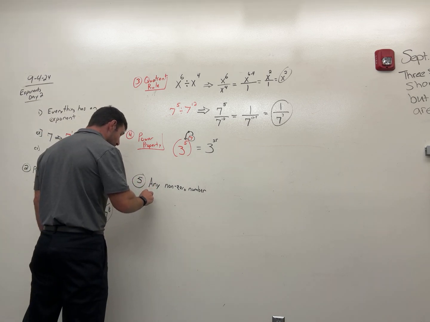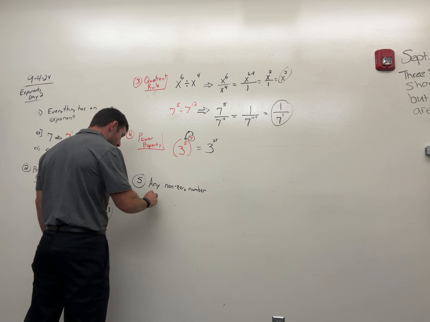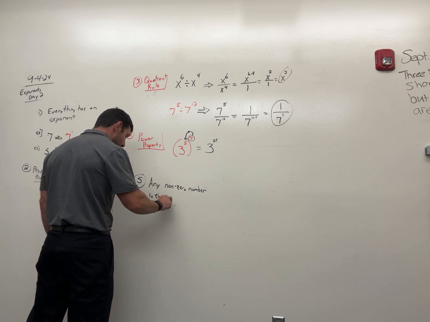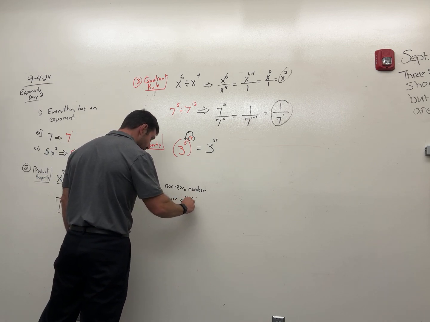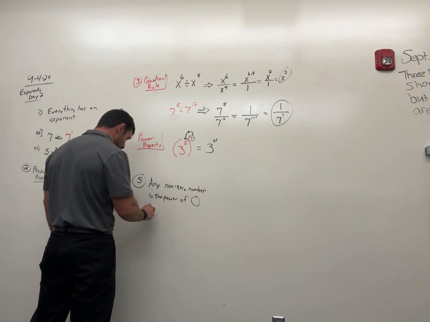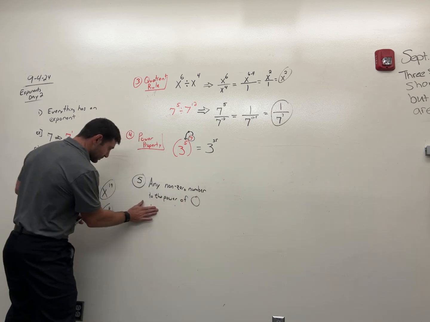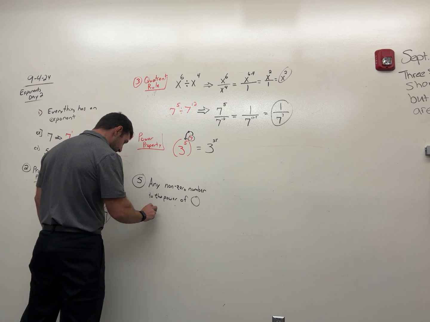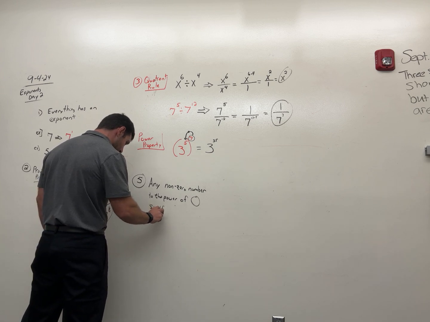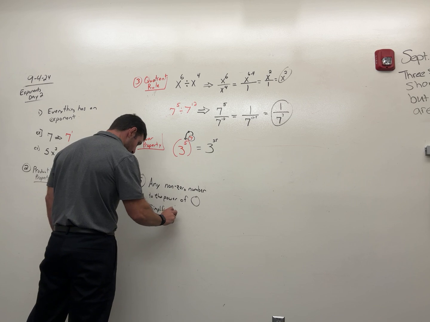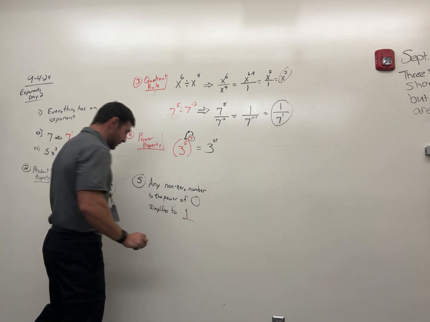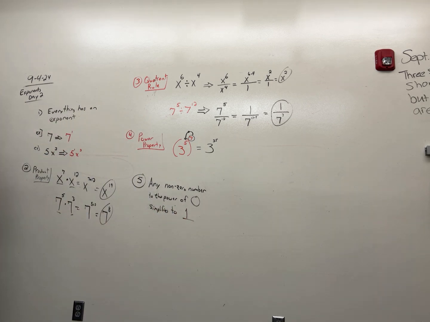Any non-zero number to the power of 0 simplifies to 1. I'll give you a second to write that down. Any non-zero number that has a power of 0 simplifies to the number 1.